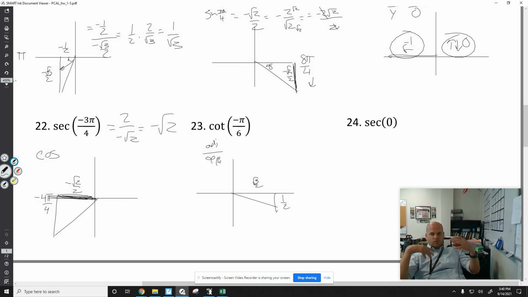So opposite over adjacent flipped, adjacent over opposite. Root 3 over 2 over 1/2. Root 3 over 2 times 2 over 1. Root 3. Oh my goodness, that's a negative. Adjacent, opposite, classic error, Mr. Messner.